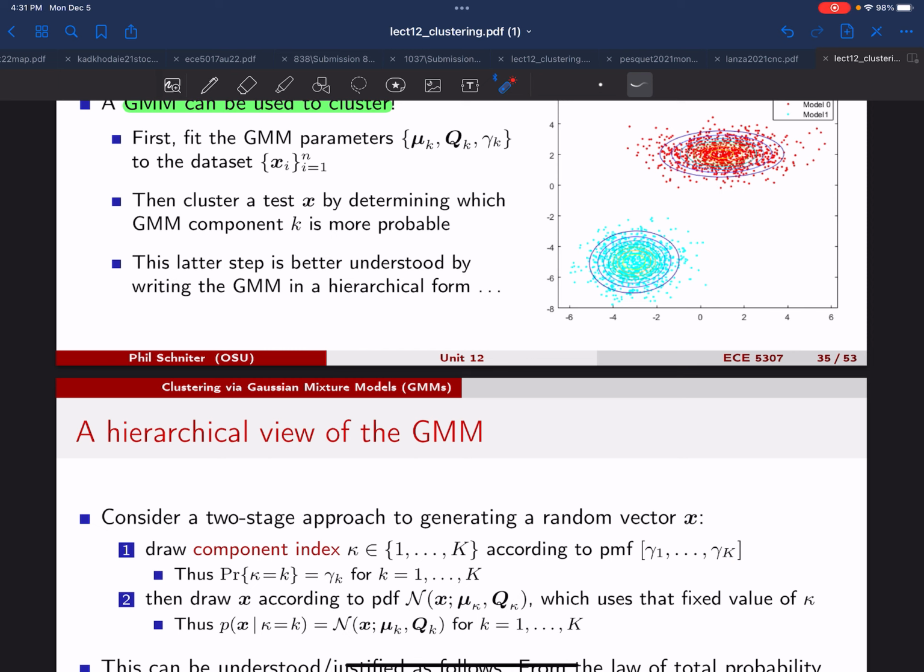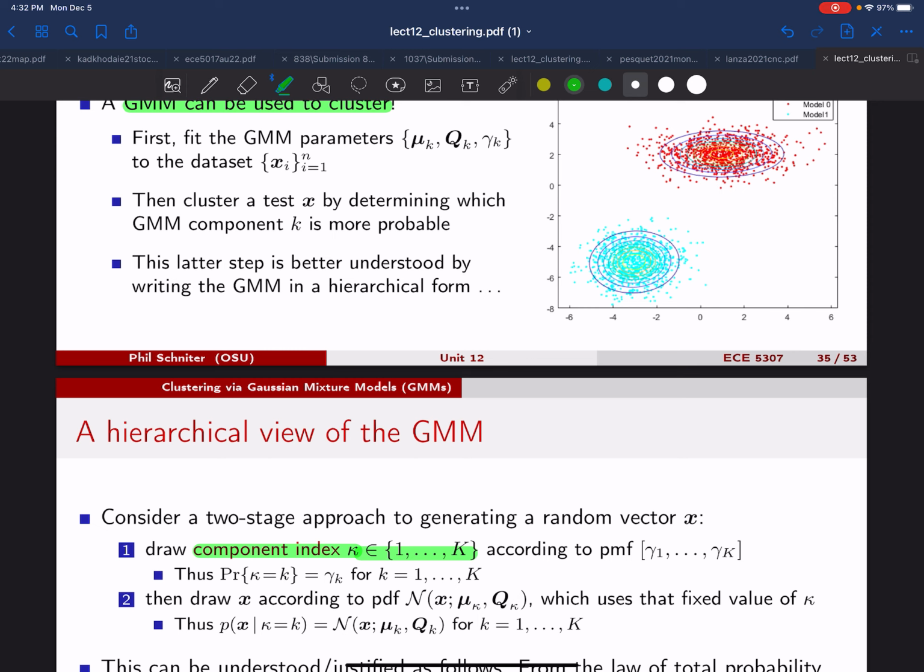So I would randomly draw a random variable, which we're going to call kappa, the component index. I would draw kappa based on that PMF, and let's say that the value I draw is going to be called k.